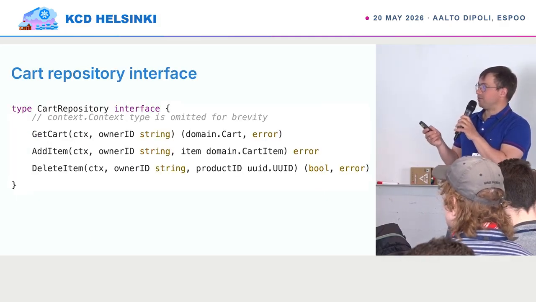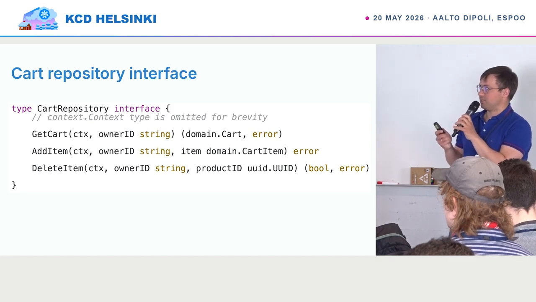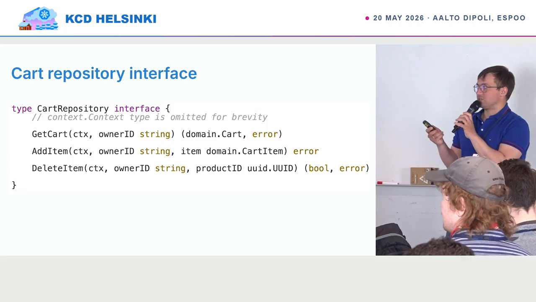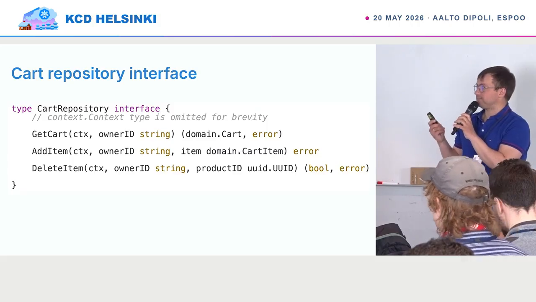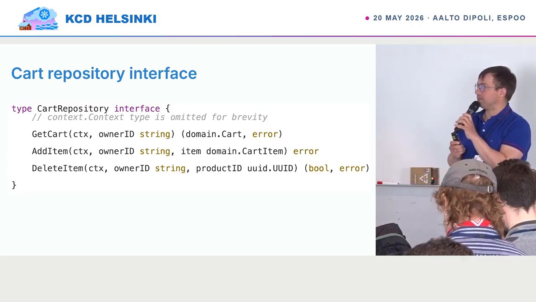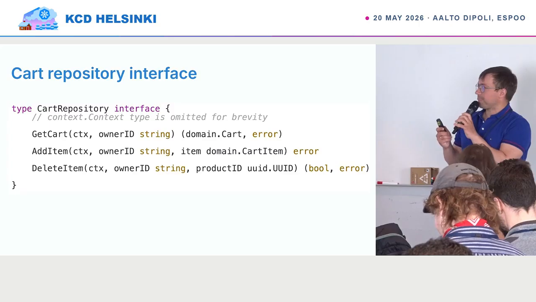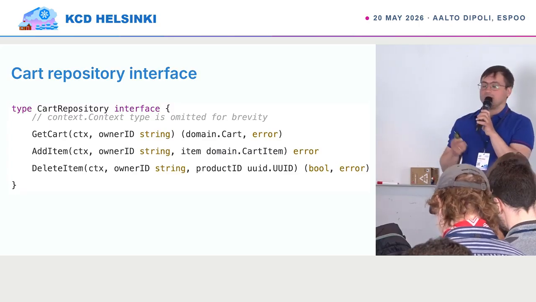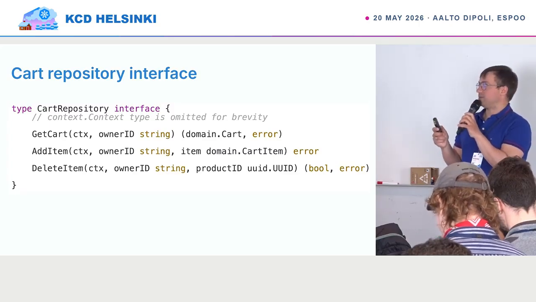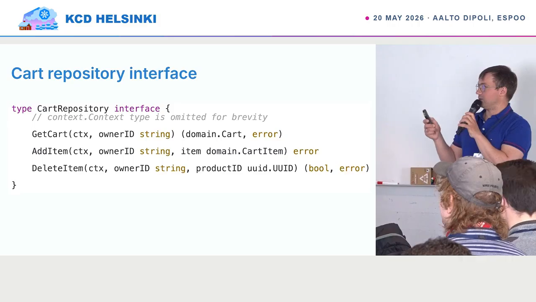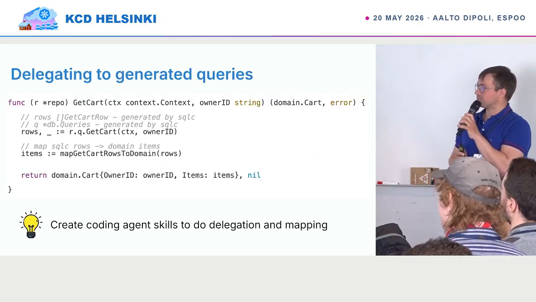And then if we think about the repository, we can express our repository interface this way. It has multiple operations to get the card, add an item, and delete an item. But they only accept and depend on the domain card, not on the generated code.